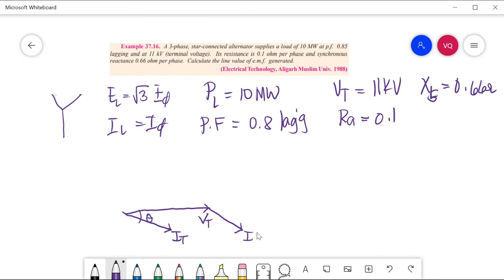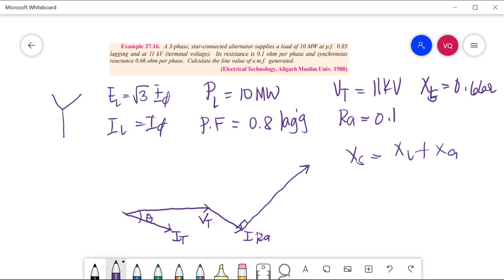Then your drop in the resistance is in phase with this current. This is IRA. And the drop in your IXS, a while ago we said that XS is equal to the sum of your XL plus XA. So this is now your IXS, 90 degrees with respect to the voltage.